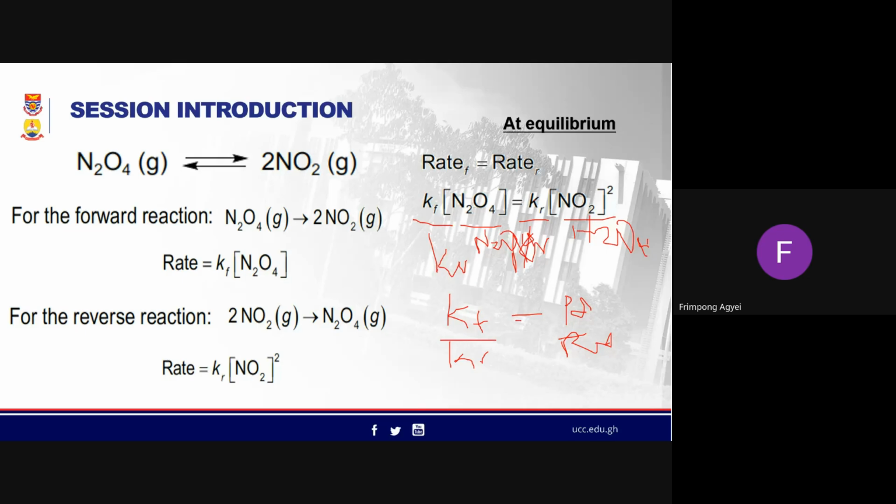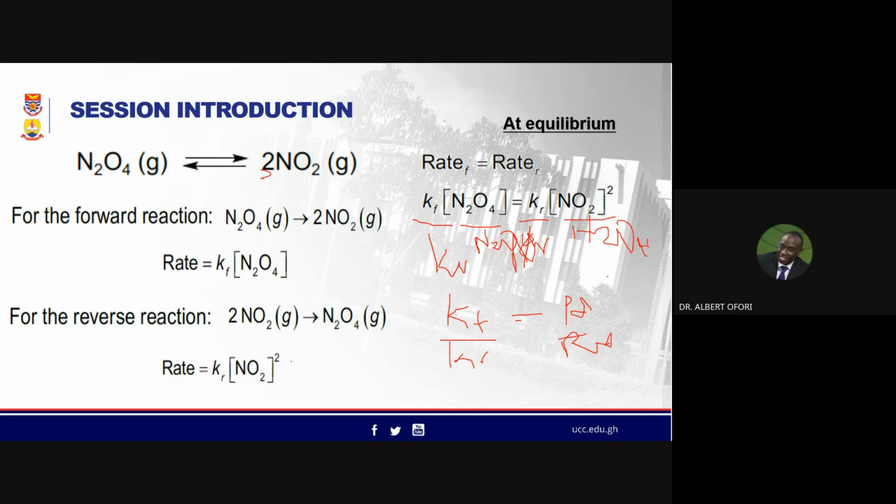But of course, when we're writing the reverse, because there is a 2 here, stoichiometry affects the rate of reaction. So we raise the concentration to the power of the stoichiometric coefficient that was there.